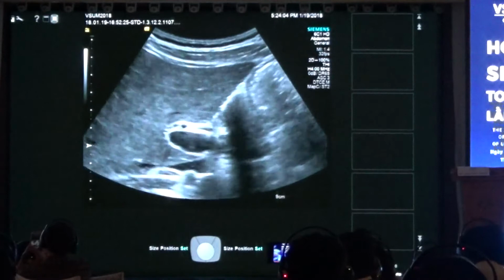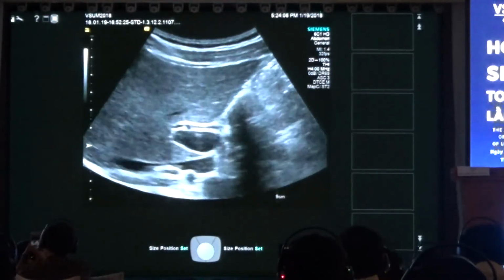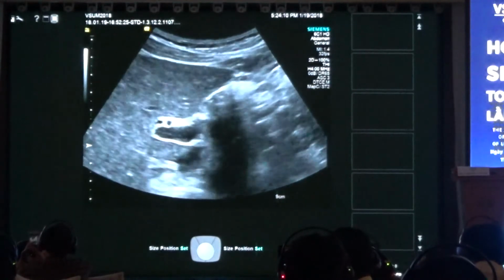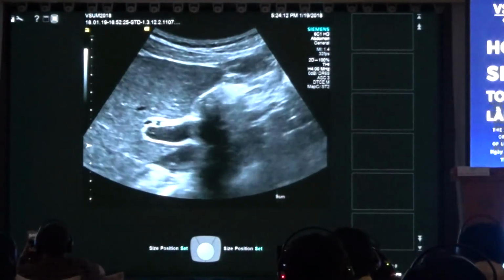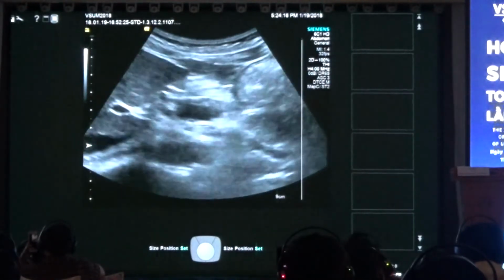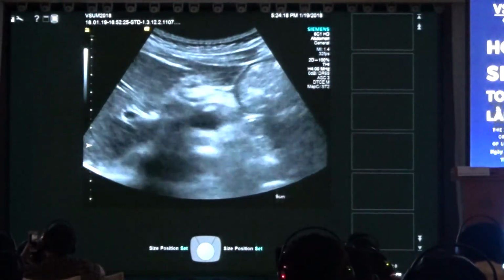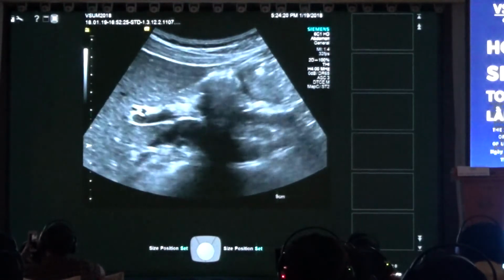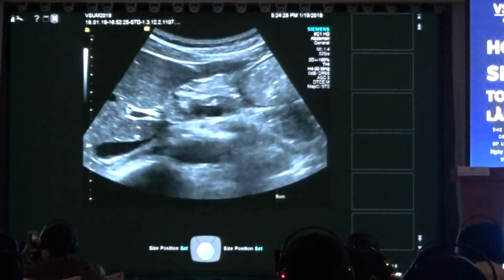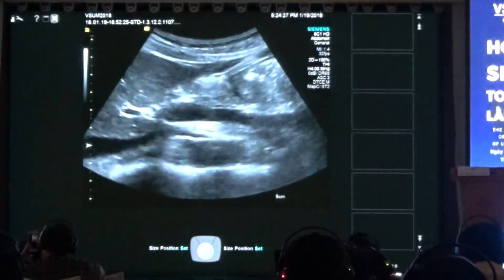So right now I'm looking for the angle between the portal vein and the inferior vena cava. Breathe normal. One more time. Take a breath. A little bit. Just a little bit. Stop. And breathe normal.